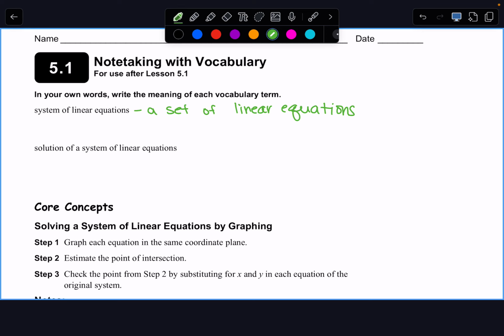Now, I am going to ask for the solution to a set of linear equations. Now, I will tell you that the solution is a coordinate that satisfies each equation.